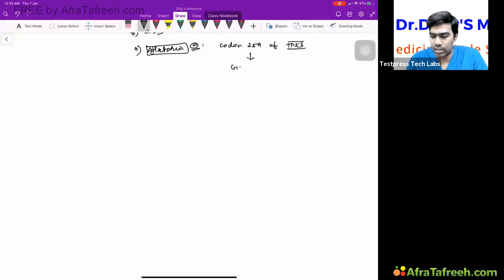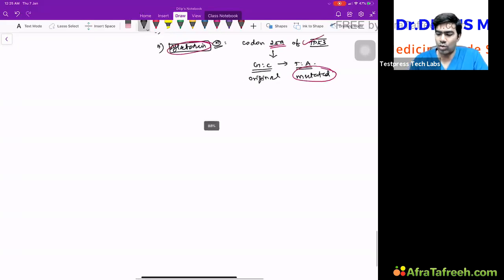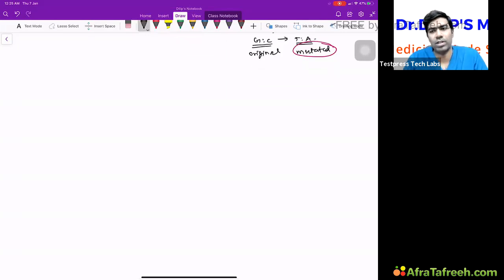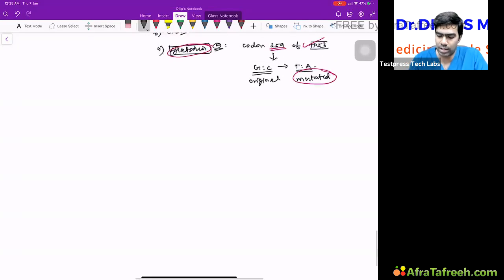There will be a GC to TA mutation, which means the original GC will be transformed to TA. This is the mutation typically related with aflatoxin-induced hepatocellular cancer. So codon 249 of the TP53 gene, GC will be mutated to TA. That is the reason for development of hepatocellular cancer.